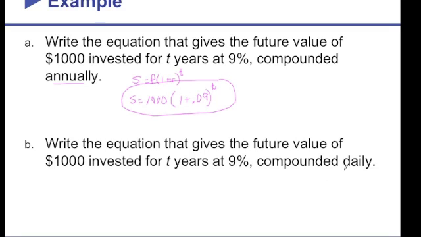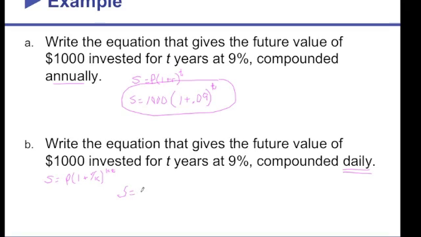Now, this time we want it compounded daily, so we have to use the other equation. We're using S equals P times 1 plus R over K to the KT.